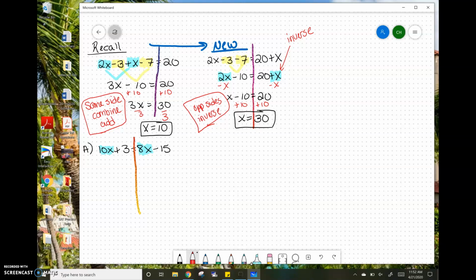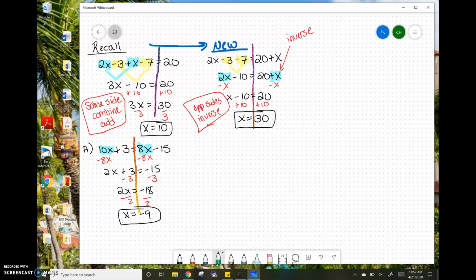Since they are on opposite sides, I combine them with the inverse. If there's a positive 8x, I should subtract 8x on both sides. That leaves me with 2x plus 3 equals negative 15. So I subtract 3 on each side, and then I divide both sides by 2. So my x value is negative 9.